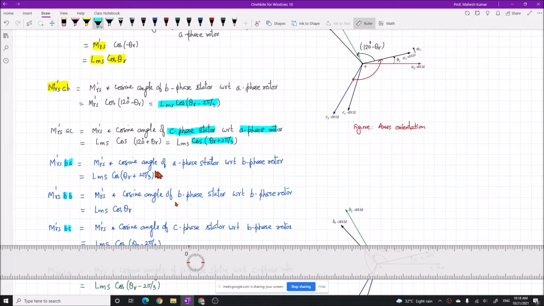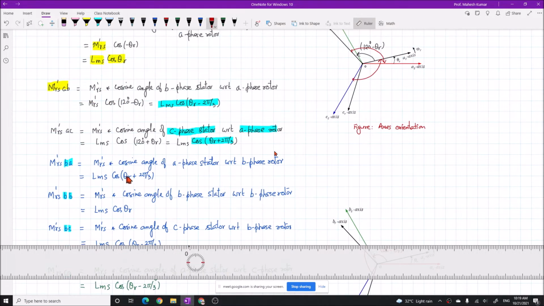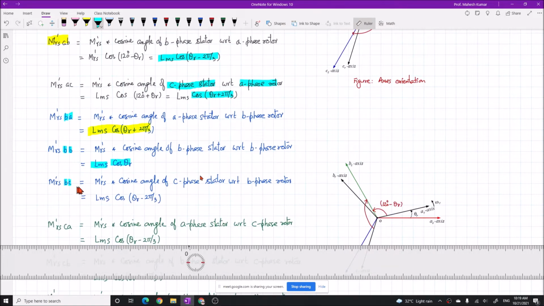So B to A, if you go, this is B phase rotor here, and this is A phase stator. This is again 120 plus theta r, this angle. So this becomes cos theta r plus 2 pi by 3. Similarly, B to B is cos theta r, and BC becomes cos theta r minus 2 pi by 3.